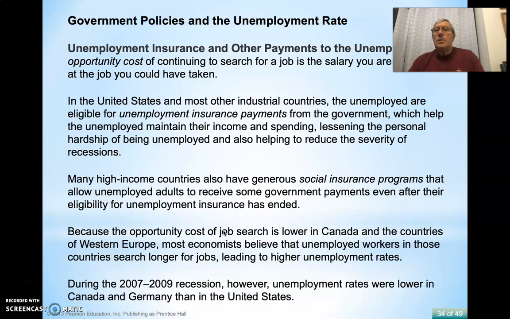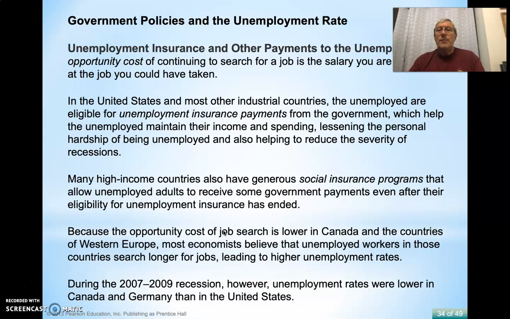So let's take a look quickly at insurance. Unemployment insurance payments usually come from the government, helping to lessen the hardship of people that are unemployed. You are probably well aware of the discussions over the pandemic and the request to provide aid to people that are out of work. That's an unemployment insurance payment.